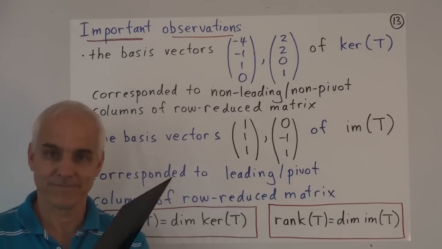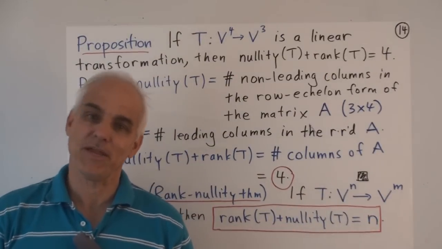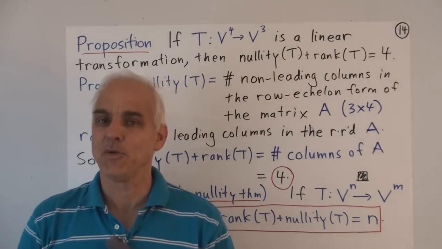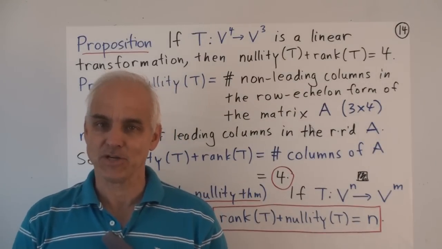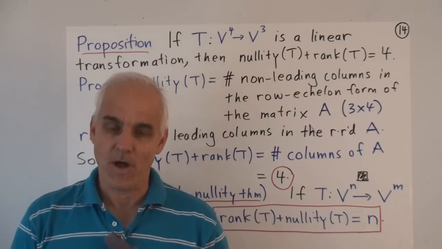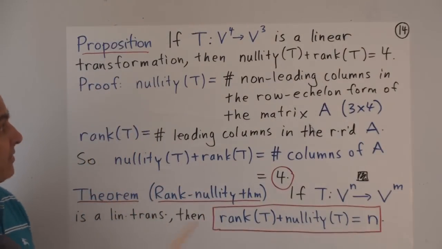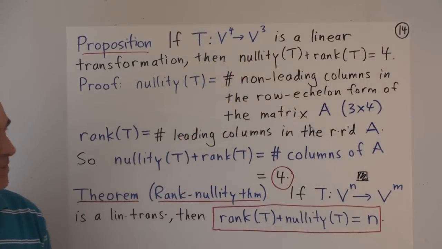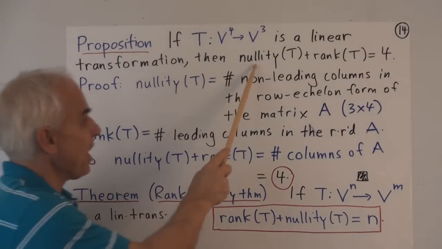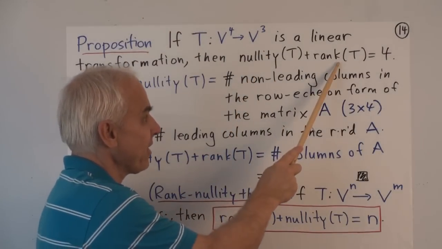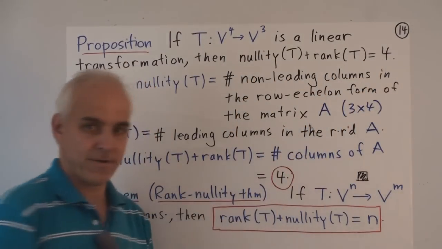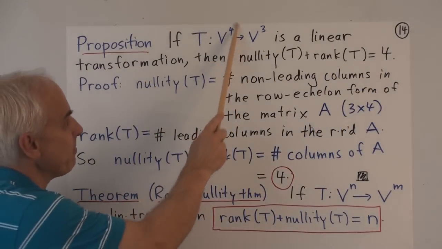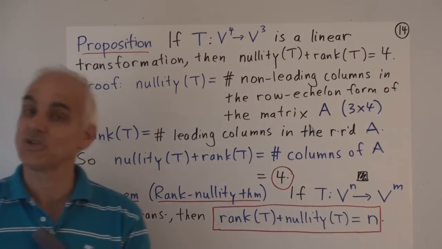Let's have a look. So what is the relationship between the rank and the nullity of a linear transformation? Well, for the transformation we've been looking at, going from four-dimensional space to three-dimensional space, the proposition is that the nullity plus the rank equals 4, 4 being the dimension of the space that we're starting with.